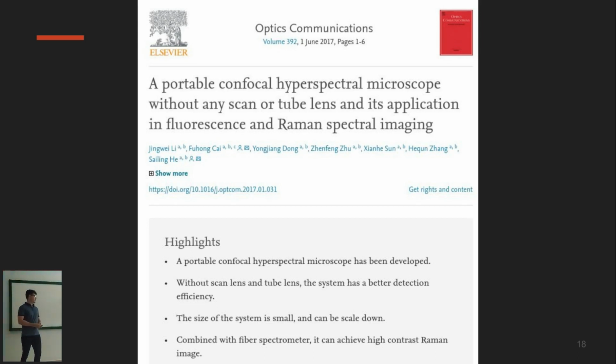And I was searching and I found this paper: A portable confocal hyperspectral microscope without any scanner tube lens and its application in fluorescence and Raman spectral imaging. A big title. This is from 2017. And when I saw it, I thought, perfect. This is possible to do.